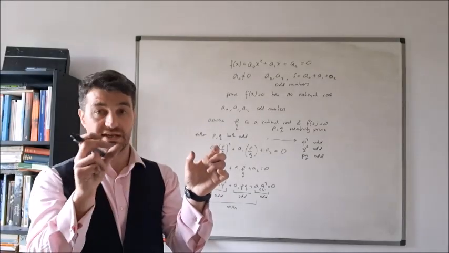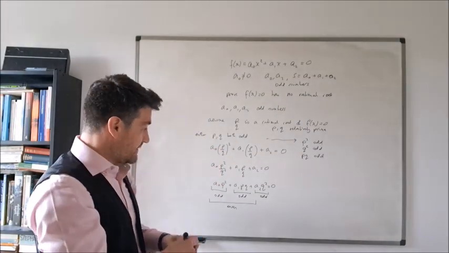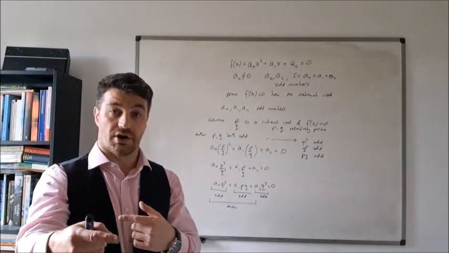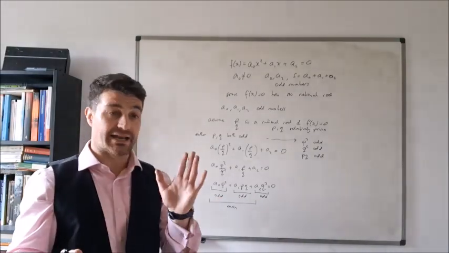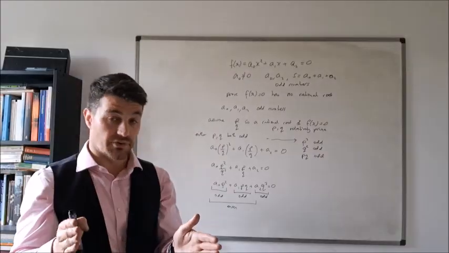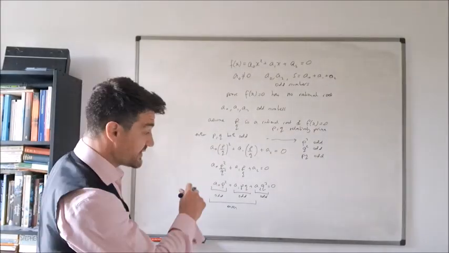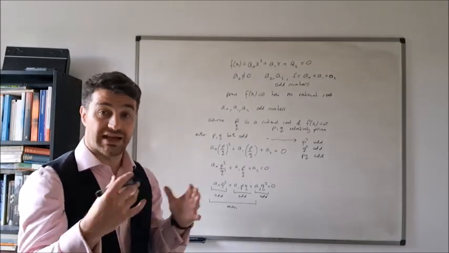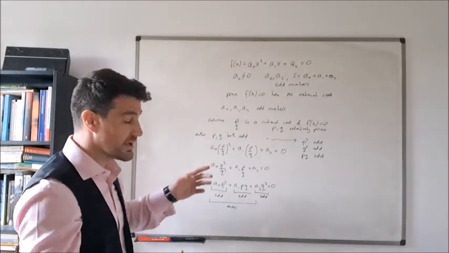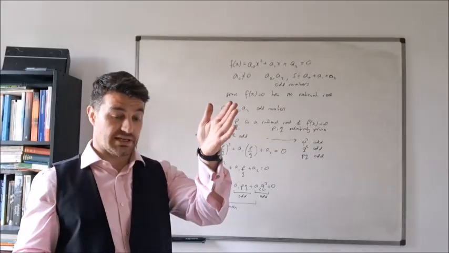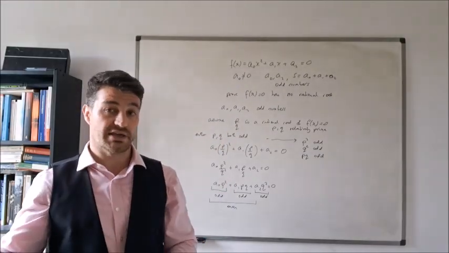Or 6 plus minus 6. Same if this was odd. I'd have to add another odd number to get to 0. I can't add an even number and an odd number together to get 0. It's not possible. So this is a contradiction. That's where the contradiction comes from, because one of the facts that I know about numbers is that an even number plus an odd number can never be equal to 0.